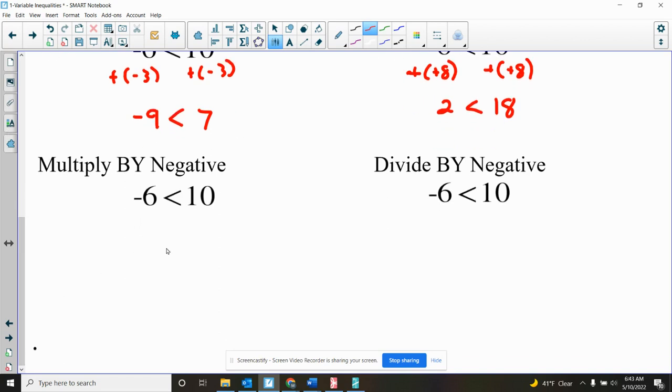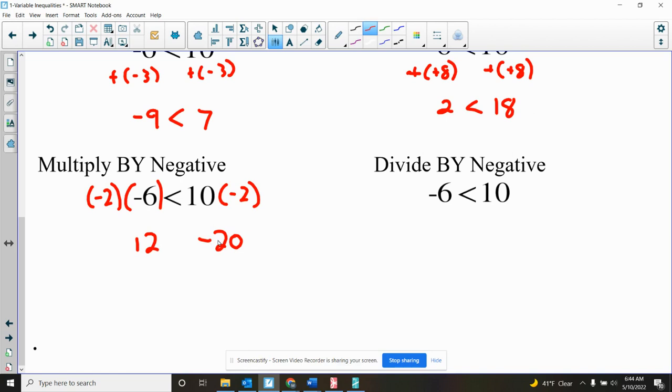Something slightly different is going to happen now when we do multiplications and divisions. Let's take a look. -6 less than 10. This is true. If we multiply by a negative number, like what if we multiply both sides by -2? -2 times -6 is +12. 10 times -2 is -20.